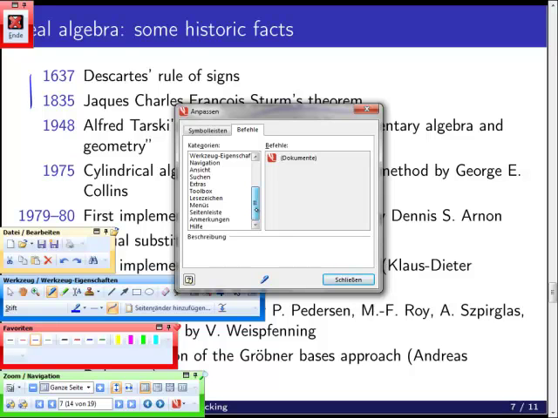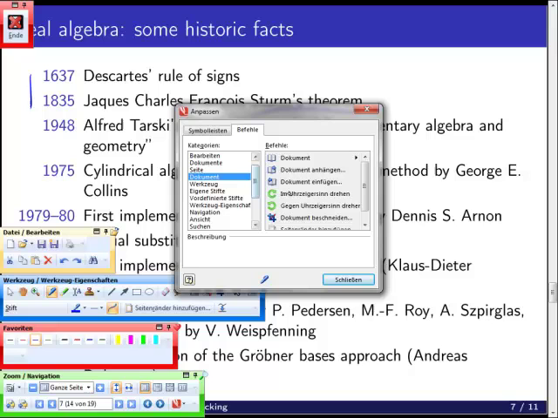This is the first observation. The second one: how many zeros does a univariate polynomial of degree n have? Anybody knowing? At most n, actually exactly n, but some of them might be complex and some of them may be multiple.